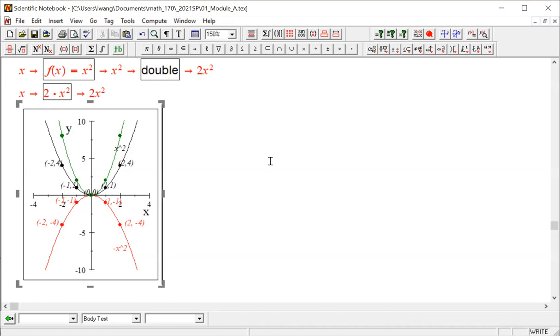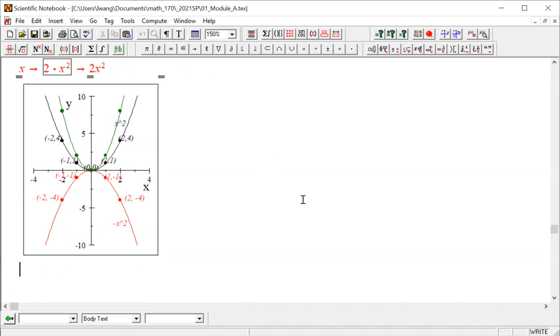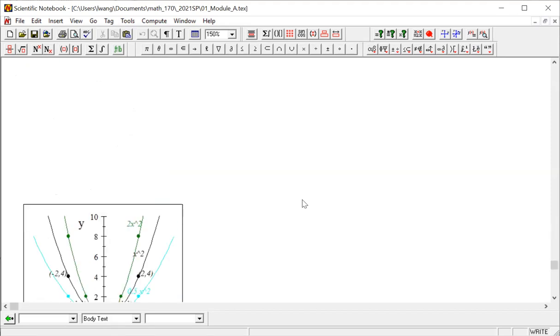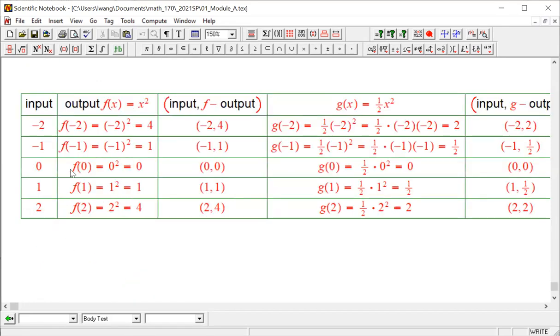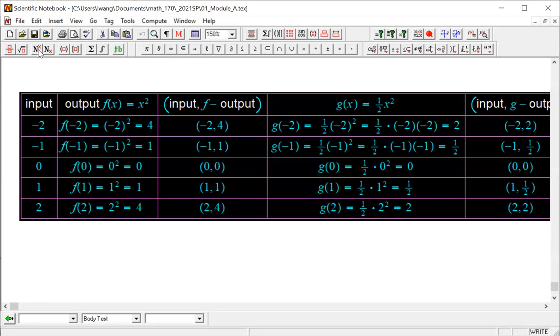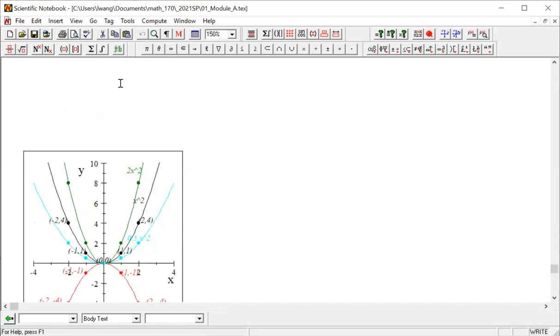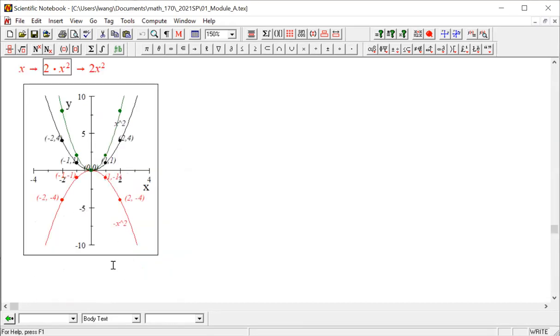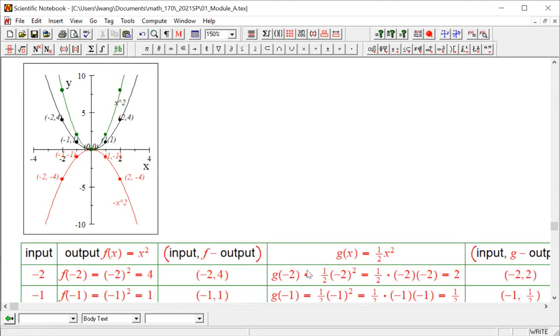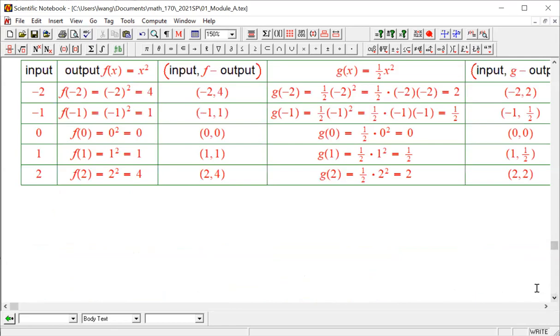Okay, and next we're going to see half x squared. So I'm going to bring this table over here. Half x squared, meaning that the output for x squared is being halved, right?